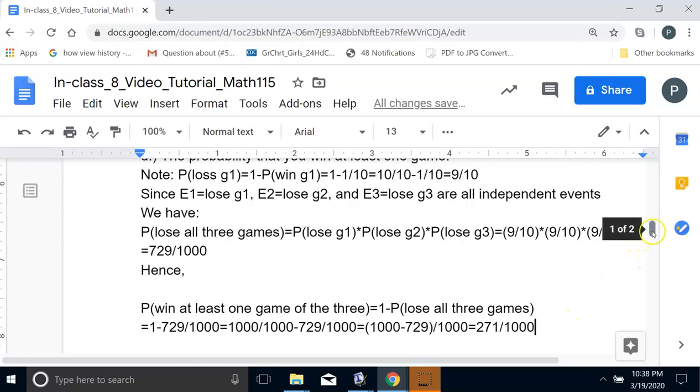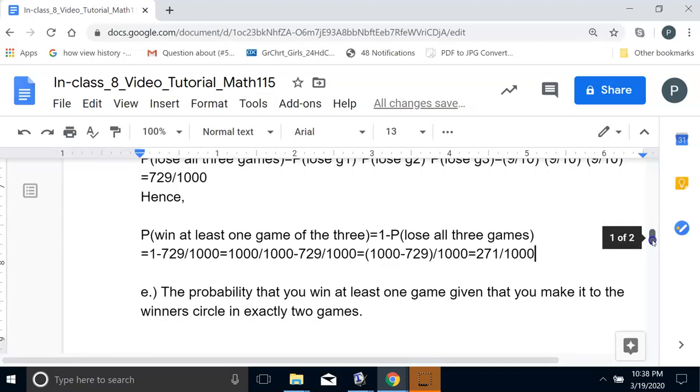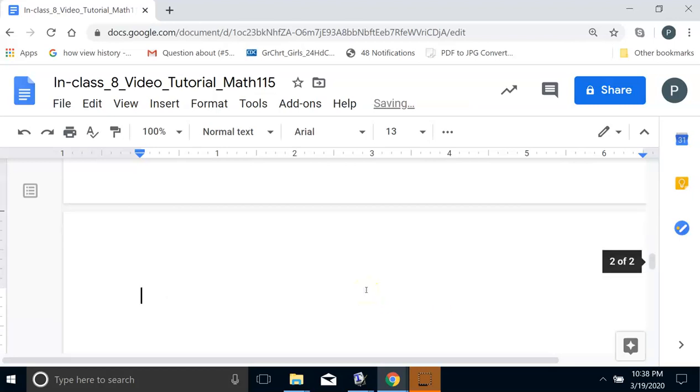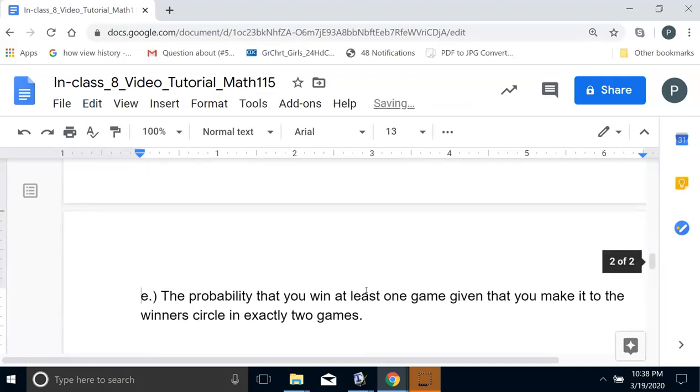Okay, so let's move on to the next question. We need to find the probability that you win at least one game given that you make it to the winner circle in exactly 2 games. Okay, so we're going to make an assumption here, and it's fine to make this assumption.